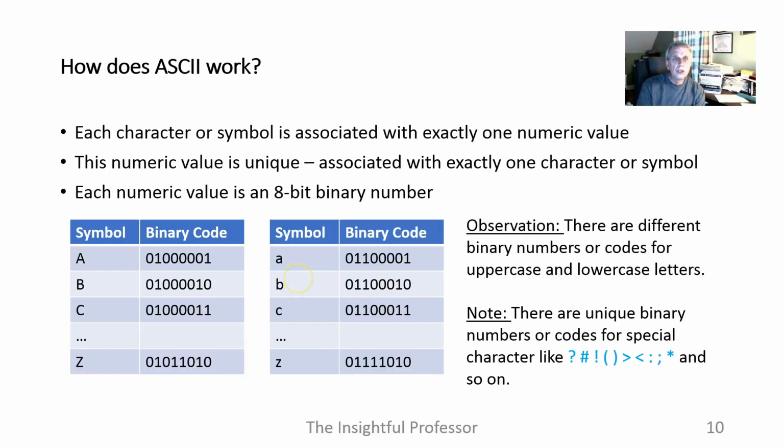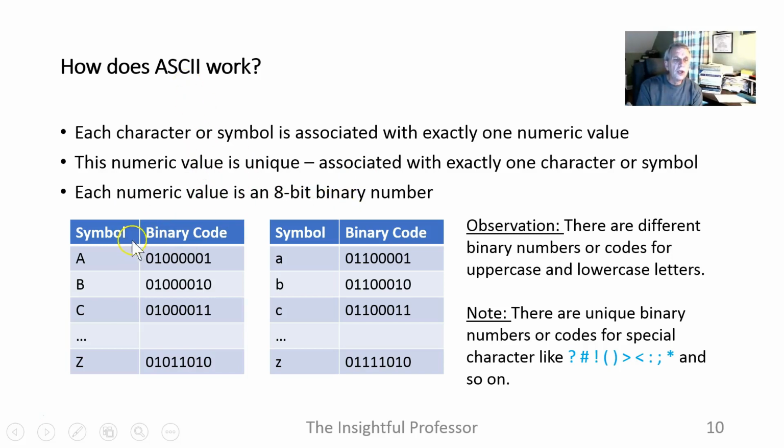Now let's look at how ASCII works. Each character or symbol is associated with exactly one numeric value. The numeric value has to be unique, so we always associate the same number with the same character or symbol. Each numeric value is an 8-bit binary number. Again, using ASCII, it's just 8 bits.